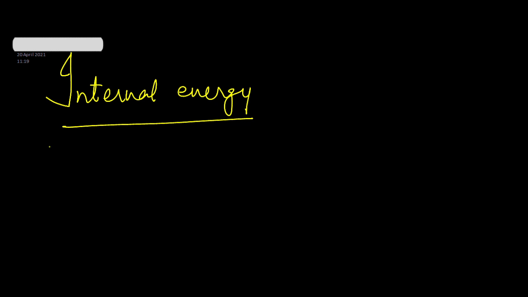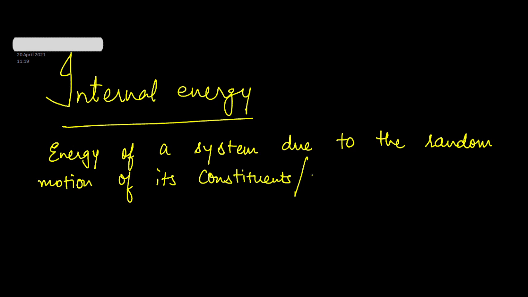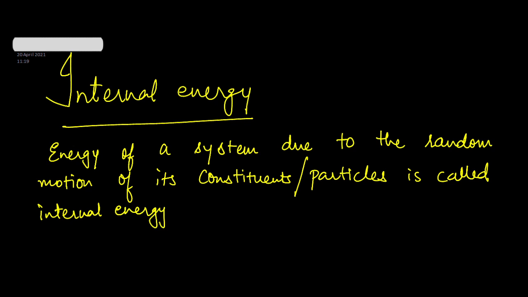Well, definition is very simple. Energy of a system due to the random motion of its constituents or particles, due to its constituents or particles, is called internal energy, right?